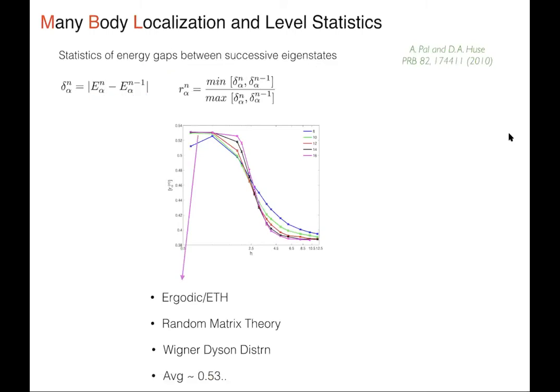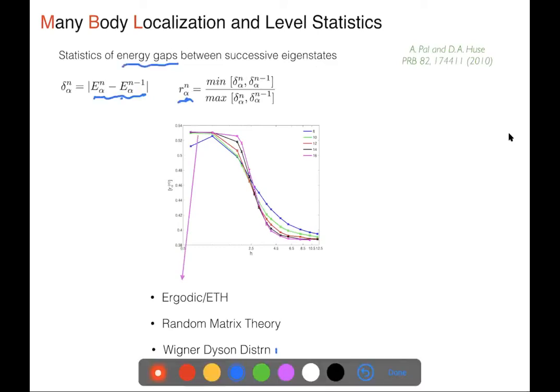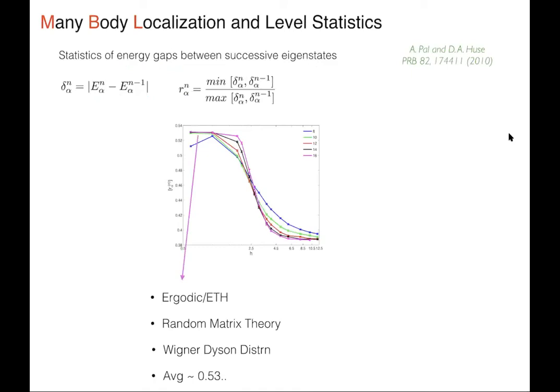At low h, you get the answer you would expect if the distribution is what is known as the Wigner-Dyson distribution, which comes from random matrix theory, essentially what happens to the gaps in a matrix whose entries are uncorrelated Gaussian random variables.